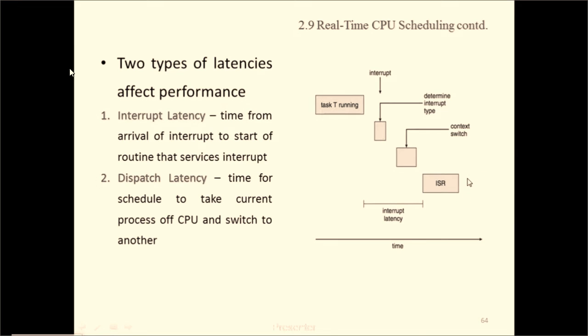Another context switch is there, and then the interrupted process restarts its execution. So there is another context switch here from interrupt to process. But this is interrupt latency, and dispatch latency is typically this.